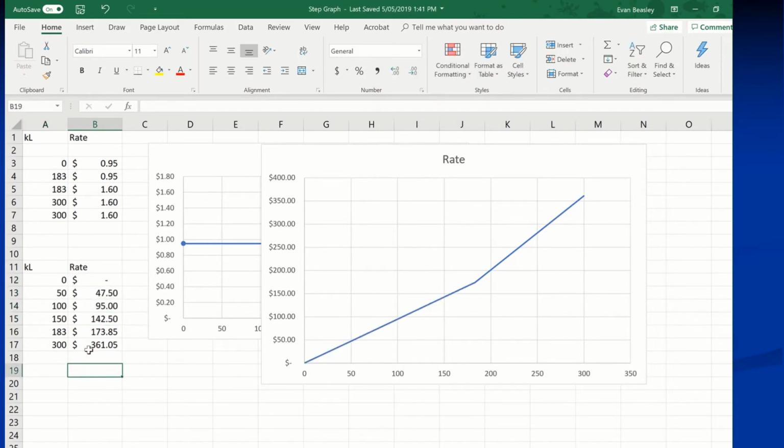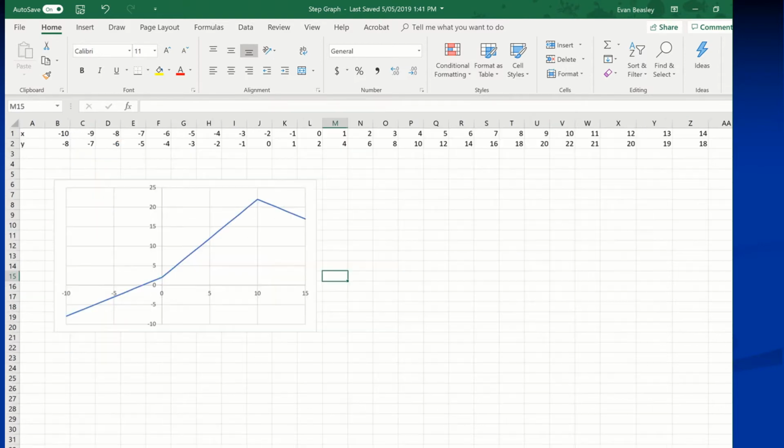Anyway, you can see that we have a line segment at a certain gradient here. That's at 95 cents. And then we've got another gradient of 1.6. And that's this second bit here, which is the turning point. So here's the turning point. Just find a couple of dots along that line and draw that line segment in.